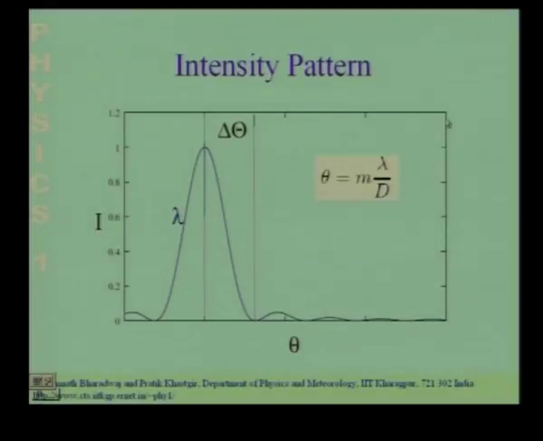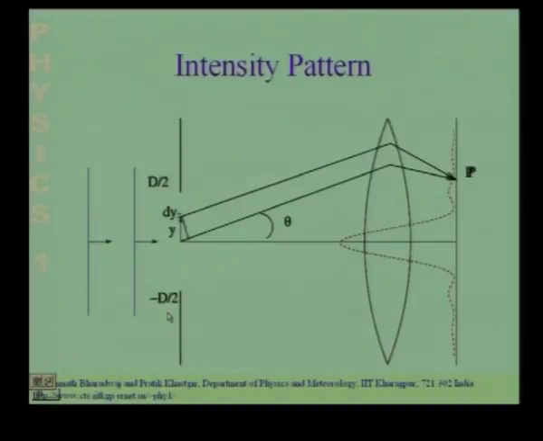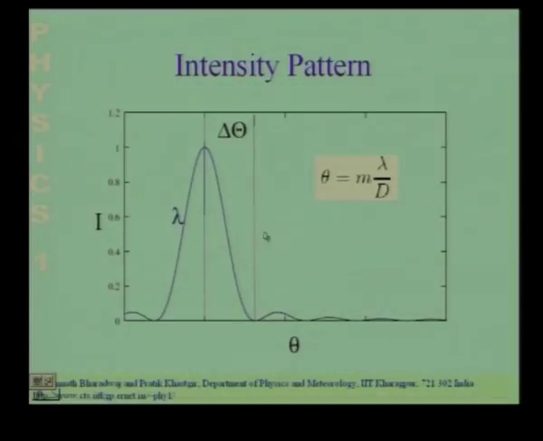This shows you the intensity as a function of theta. It is the same thing as this. I have now rotated this and plotted it along the x axis. Varying theta means moving in this direction. That is what is shown over here. So, the intensity pattern is such that at theta equal to 0, which is at the center, I expect to get the maximum intensity.